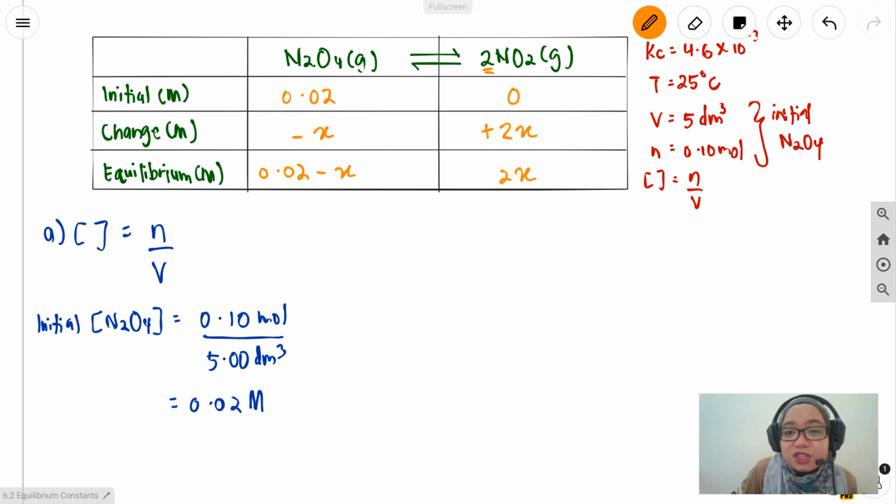For this one, it is 0 plus 2x, so that's why it's 2x. So now this is what you got for your ICE table.